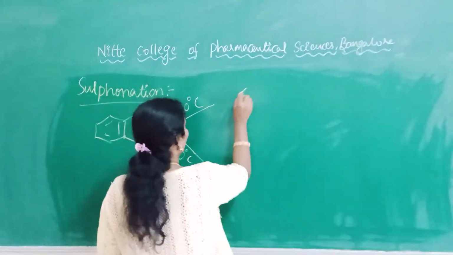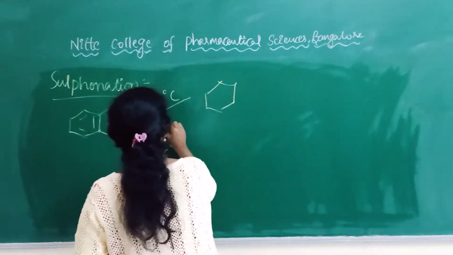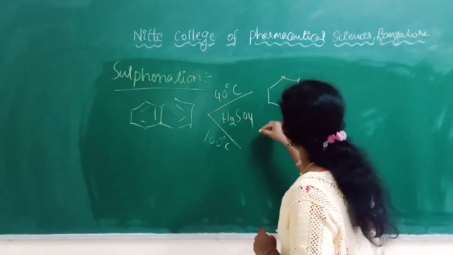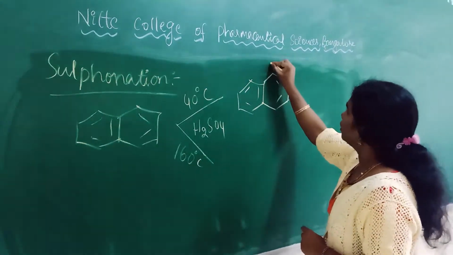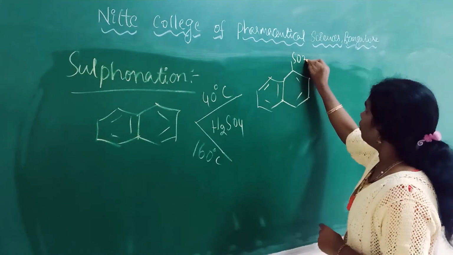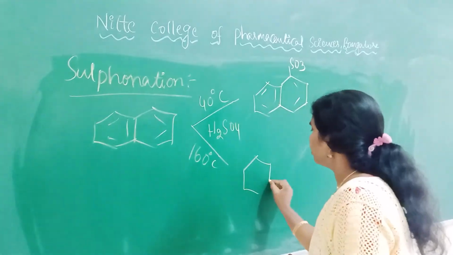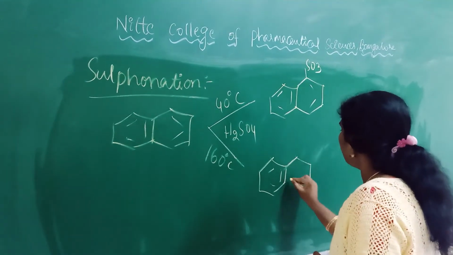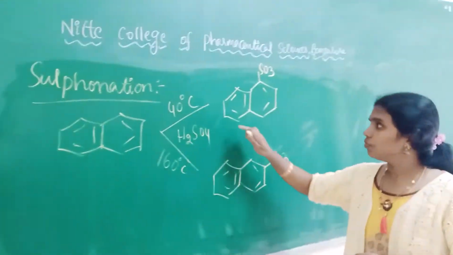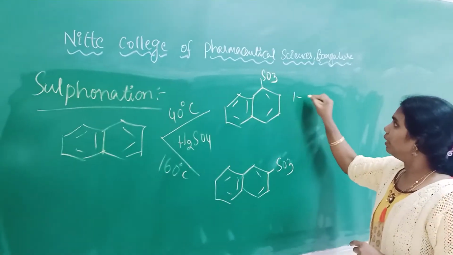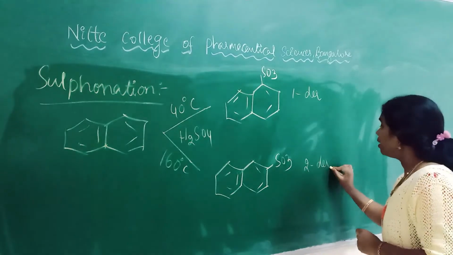At 40 degrees centigrade, that means at lower temperature in the presence of sulfuric acid, it gives 1-sulfonaphthalene, whereas at higher temperature it gives 2-sulfonaphthalene. So at 40 degrees you will get the 1-derivative, whereas at 160 degrees centigrade you will get the 2-derivative.